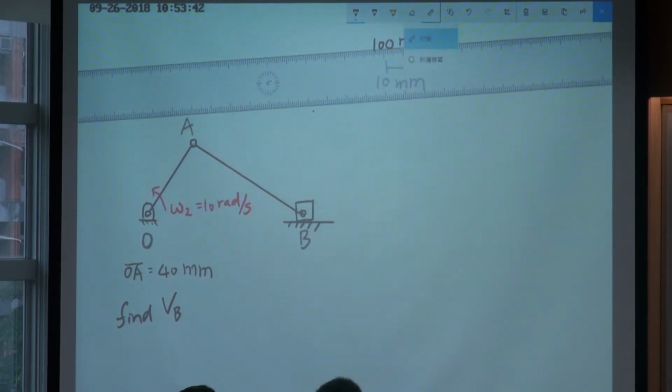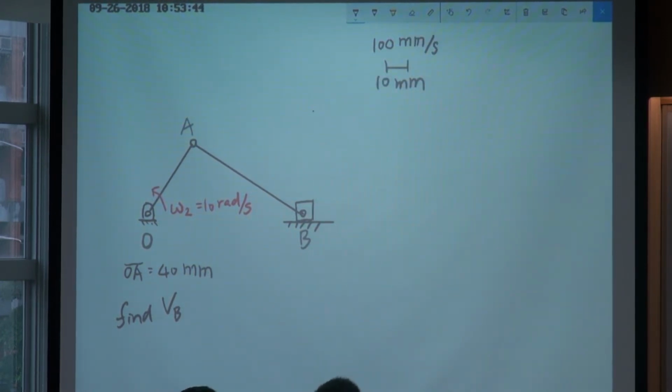I think that's all we know for now. So I know the length of OA is 40 millimeter, and omega-2 is 10 radian per second. Then we can already calculate VA. So what would be the value of VA?